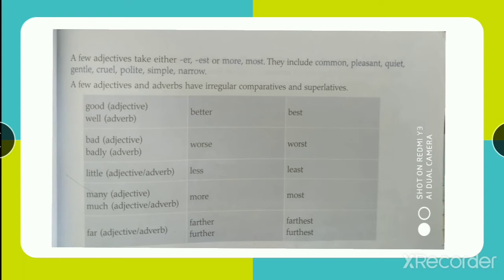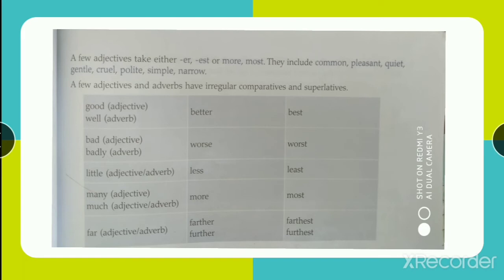Okay. Now, a few adjectives and adverbs have irregular comparatives and superlatives. So, till now, what you have studied in adjectives and adverbs? You have studied adding er or est. Am I right? Now, there are adjectives and adverbs which do not take er or est.